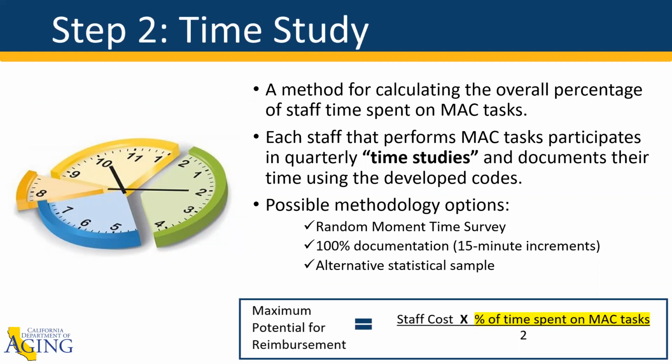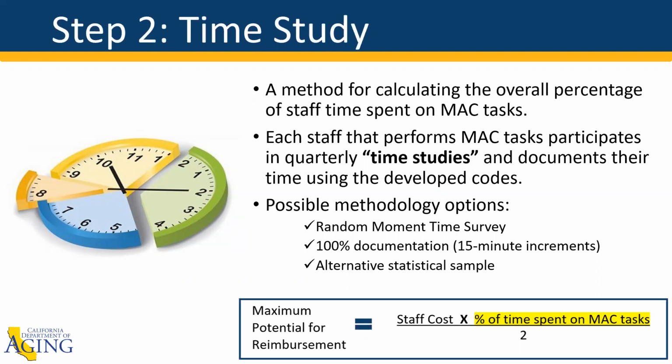So they're using a daily log or timesheet to code time in 15-minute increments. And then some states do an alternative method and might document time for only a certain number of days or weeks during a quarter.